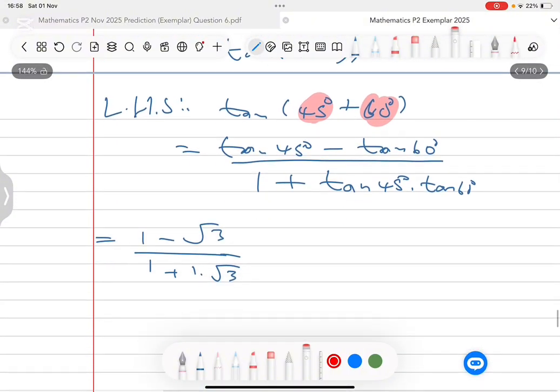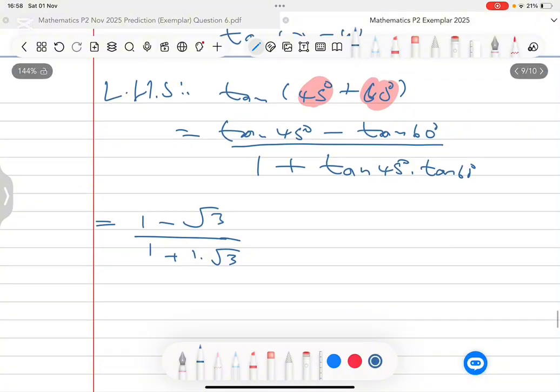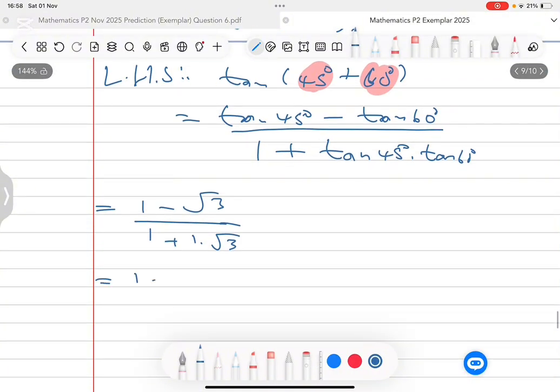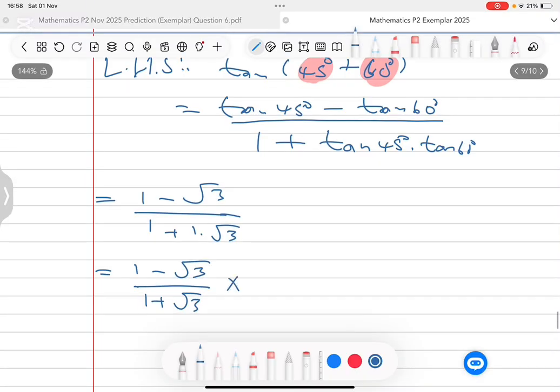Now when I look at this, it means I'm going to rationalize again, because I want to remove this bottom part here. So it means I have to do something but nothing. Now the way to do that for this one is that I'm going to say 1 minus root 3 all over 1 plus root 3. Then I'm going to multiply here by 1 minus root 3 over 1 minus root 3.